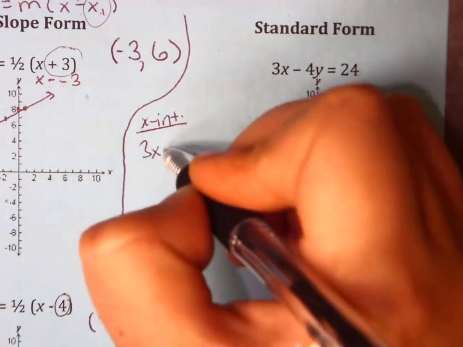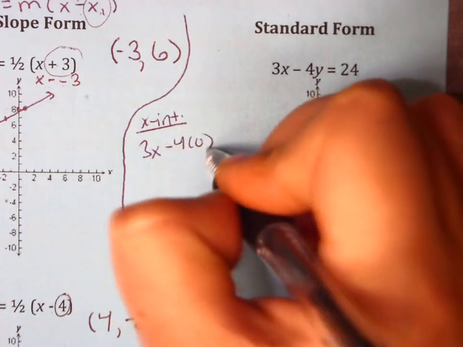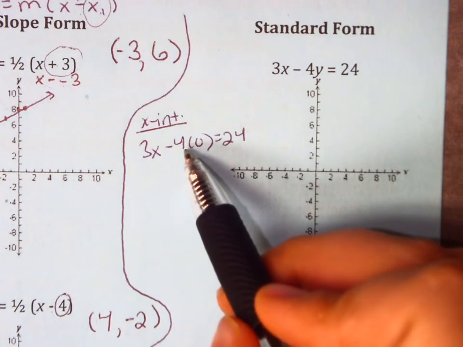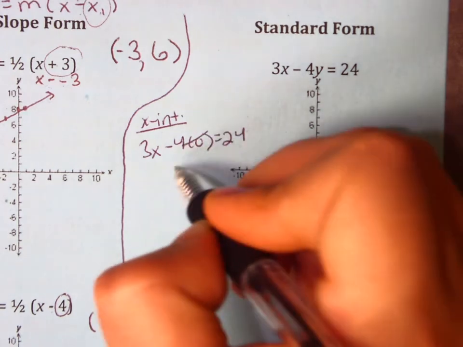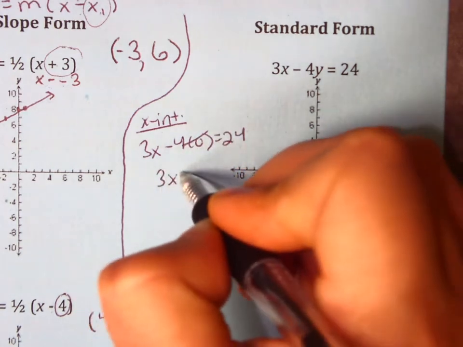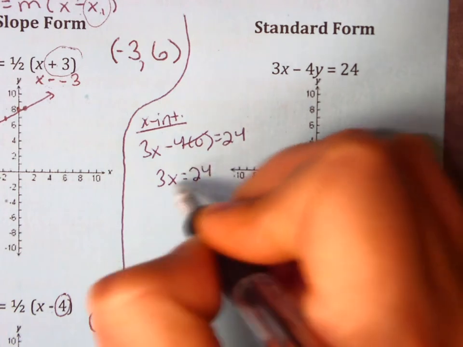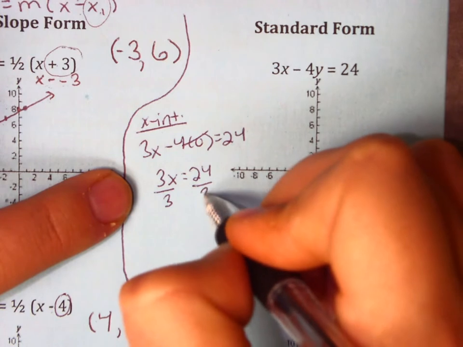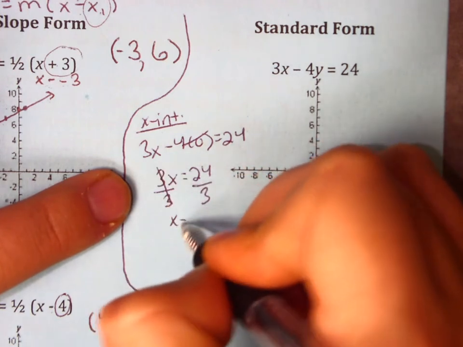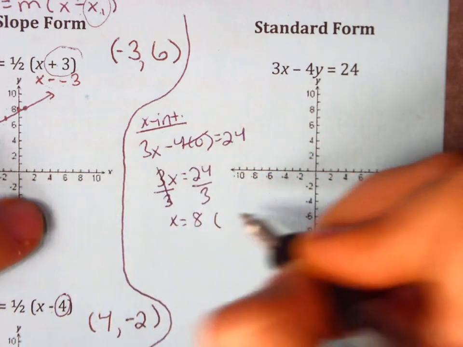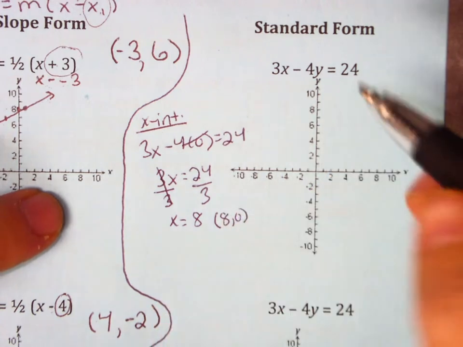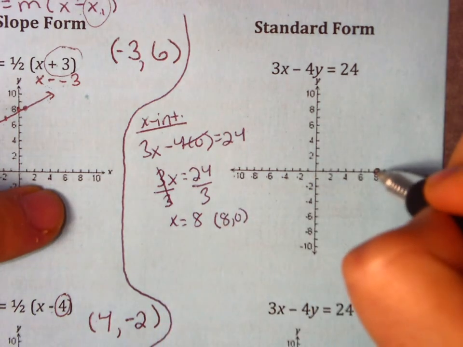So I have 3x minus 4 times 0 equals 24. Negative 4 times 0 is just 0, so that goes away. And I have 3x equals 24. So to find x, I divide both sides by 3, so x is 8. So my x-intercept is 8, 0, which is right there.